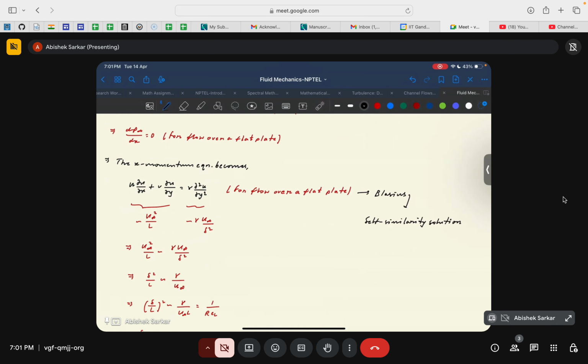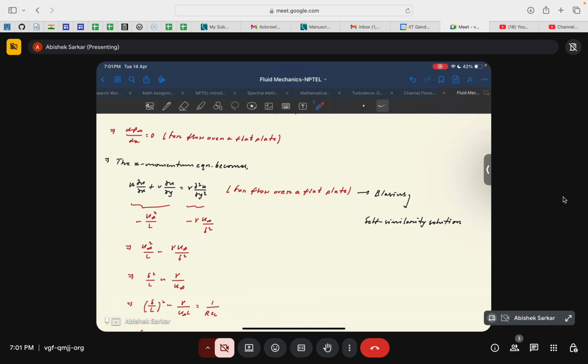I'm not going to solve it, unfortunately, but let us see what solution he gets from his analysis, which was again a pioneering work by Blasius, and which acted as a fundamental pillar of the subject of fluid mechanics.